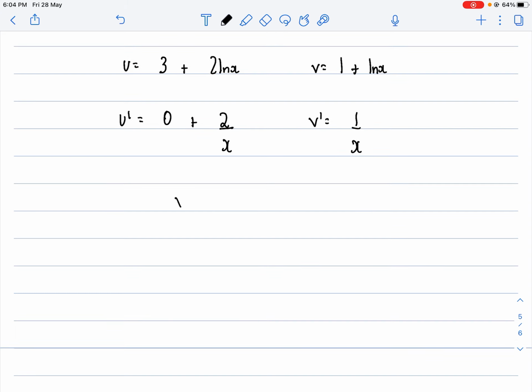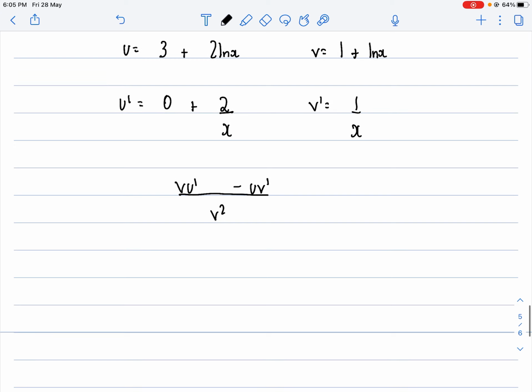Now the formula which I use is simply (v u dash minus u v dash) over v square. So v u dash is simply (1 plus ln x) over x and a 2 here, correct? v u dash minus u v dash. u v dash is simply (3 plus 2 ln x) over x.